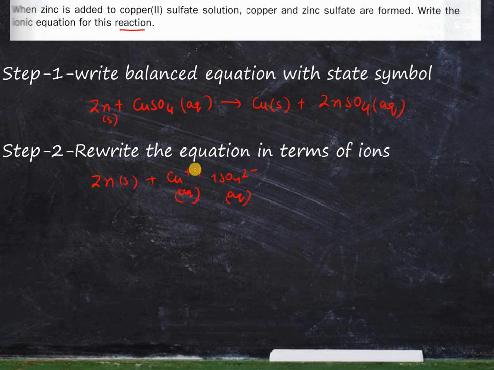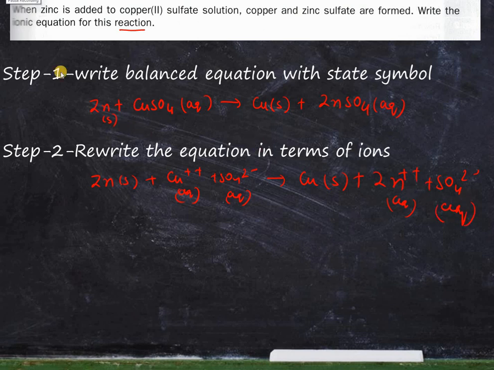And remember, you should always write the balanced charge. I cannot write just SO4 minus 1 because the sulfate is minus 2. Then Cu plus ZnSO4, which is Zn2+, plus SO4 2 minus. And again, we need to write aqueous and aqueous here.